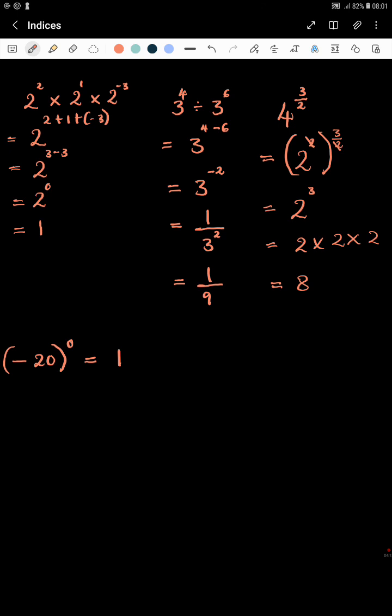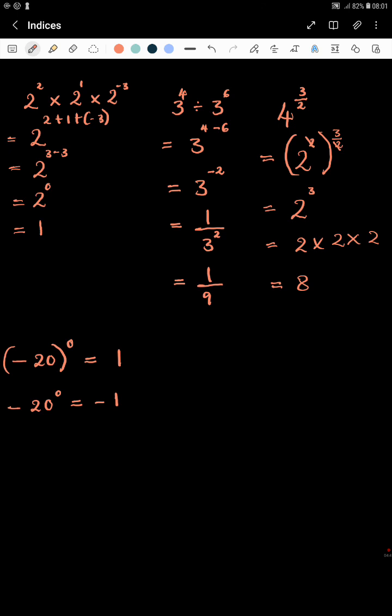But if you have a question that says minus 20 to the power 0, your answer will be equal to minus 1, because it's only 20 that is affected by the power, but the negative sign is not affected.